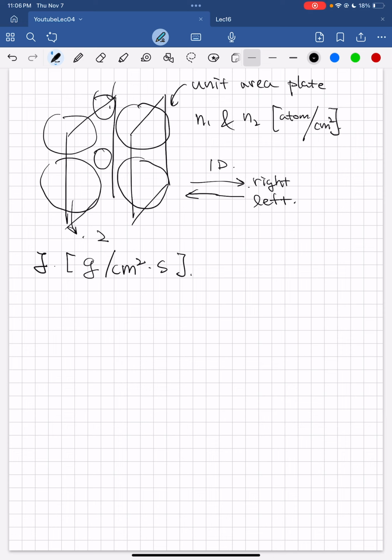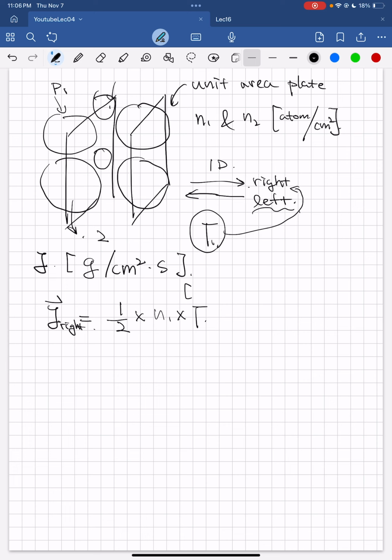Therefore, of the entire gamma, only half of it is responsible for moving right, and the other half is responsible for moving left. Therefore, the flux that moves right for N1 atoms in plate 1 should be half of N1 times gamma.